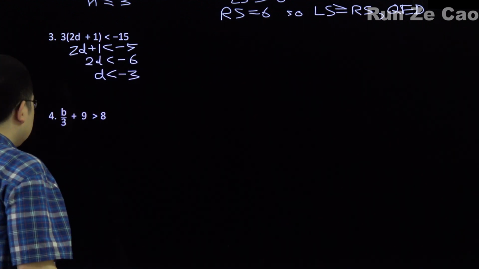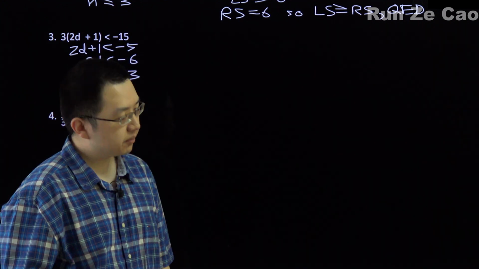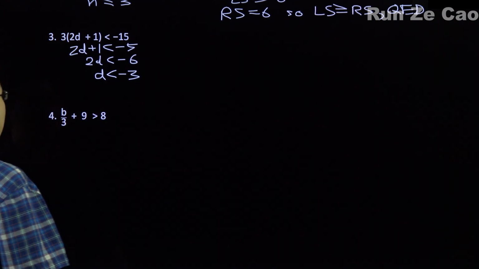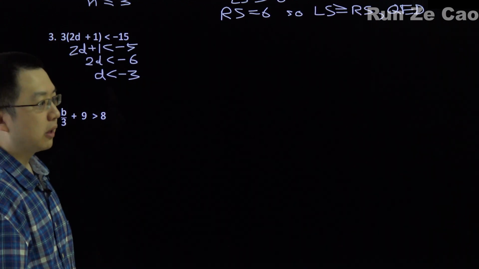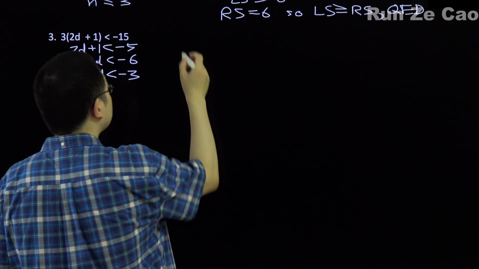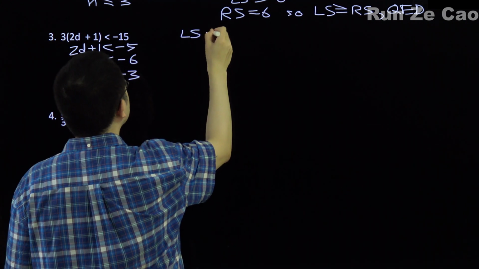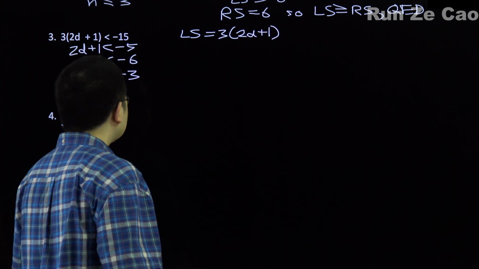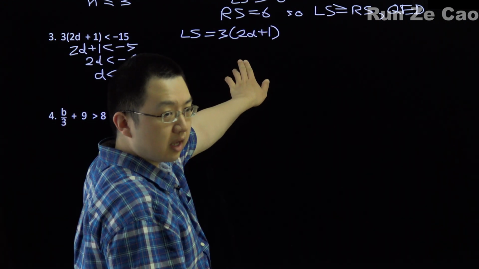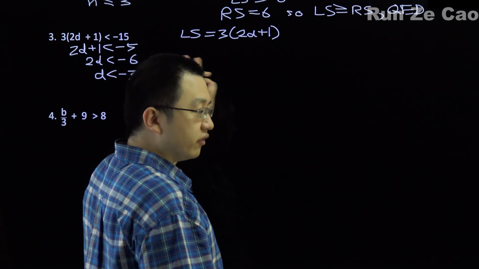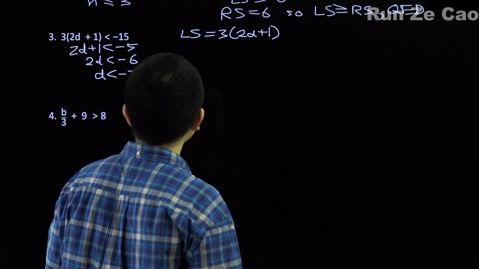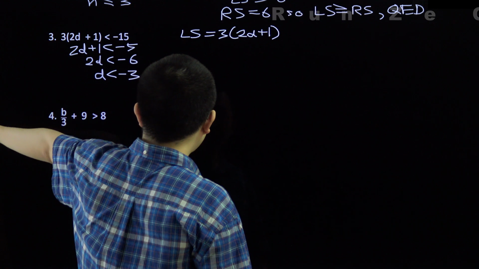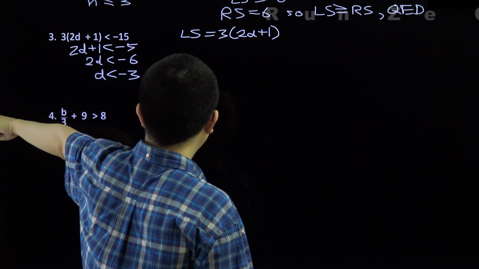Okay, we can prove this by substituting a value within this range, such as d equals negative 4. That is actually considered a valid proof by North American standards, but a more universal proof is: left side equals 3 times 2d plus 1, and we know that's going to end up being a positive multiple of d. So 6 times d. Now, if d is less than negative 3, then 6d must be more negative.